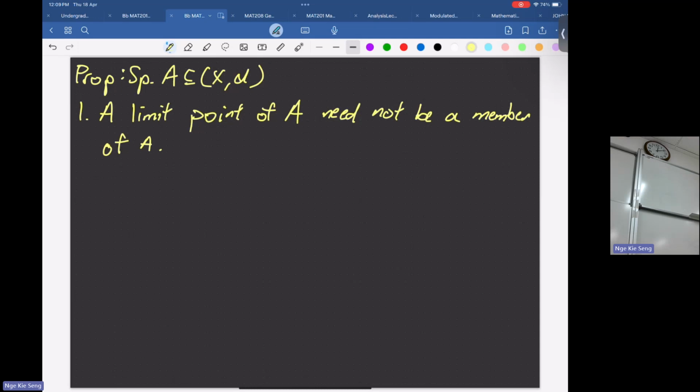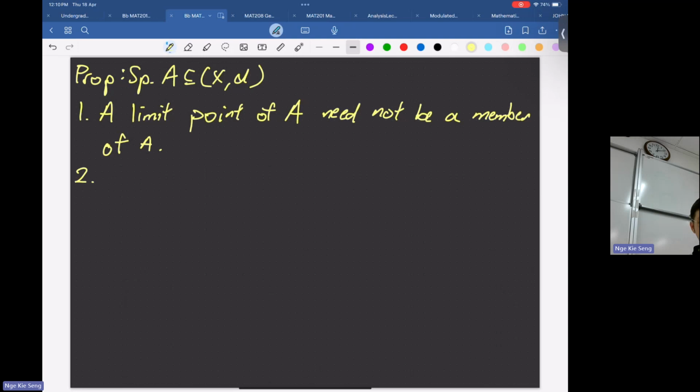Actually, just now I gave an example: Q bar is R. So a limit point of Q could be irrational, not in Q. You could have a limit point in Q as well.